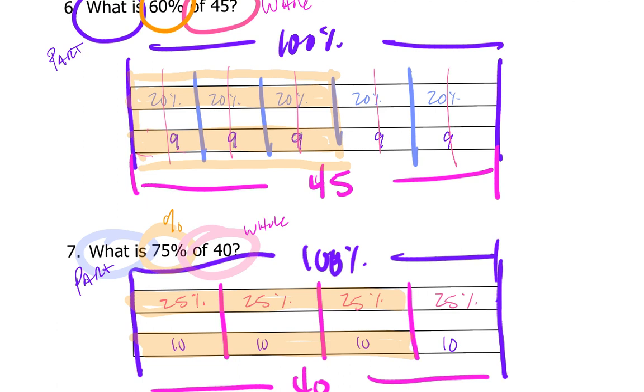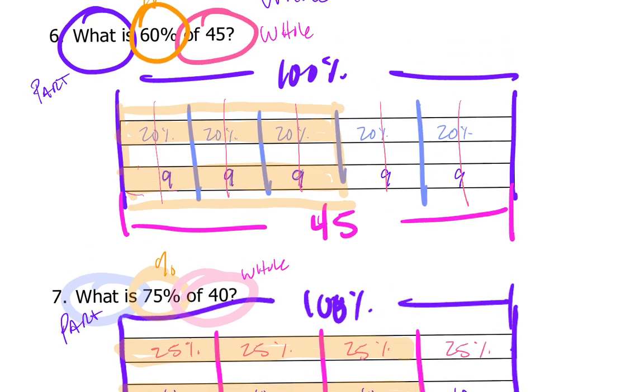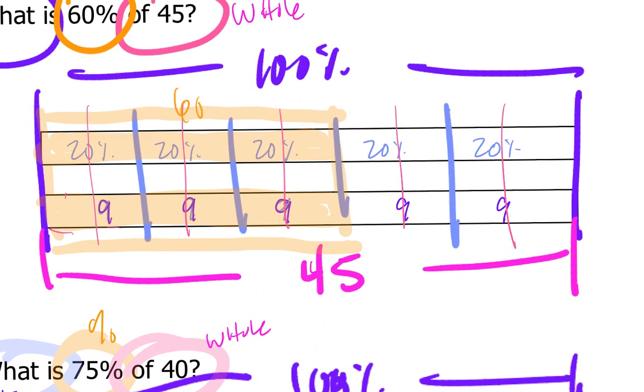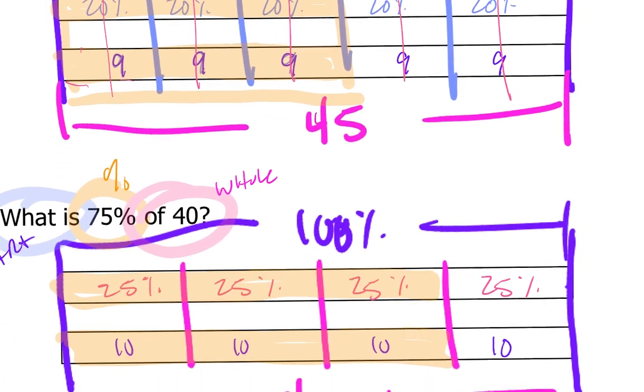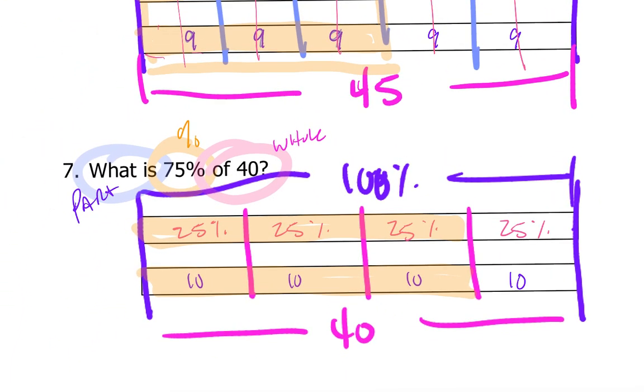And then if I look, 3 sets of 20% equals 60%, right? And same thing here. You could have broken into tens and made a half of one and figured out your 5%. But really, what we're doing here is we're just saying, look, from here to here is 75%.